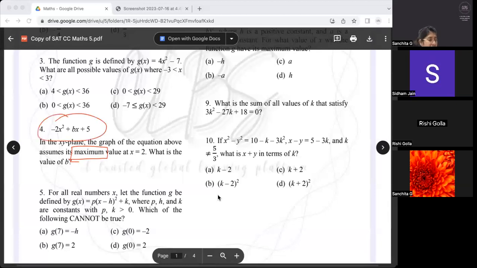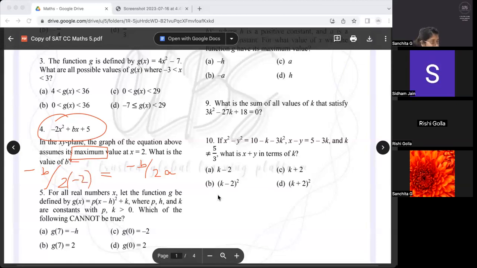Because it is in standard form, I would always want to use axis of symmetry, right? Because that's the shortest way I can solve the question. Minus b by 2a, right? So let's see. My b is what? B only. So I'll write b and 2a. A is what, guys? Come on. What is A? -2, no?